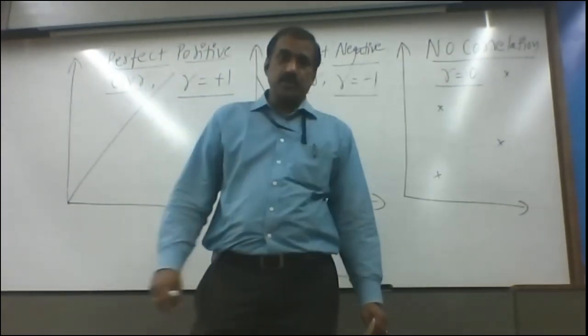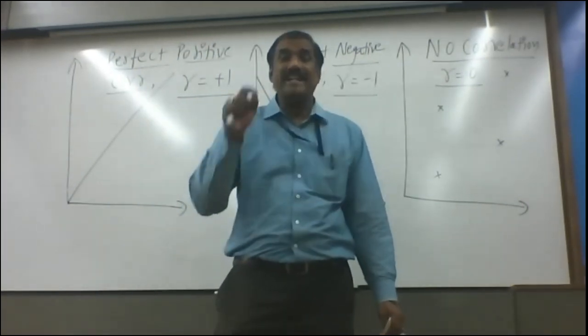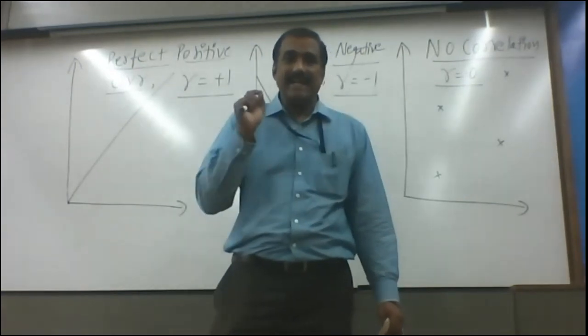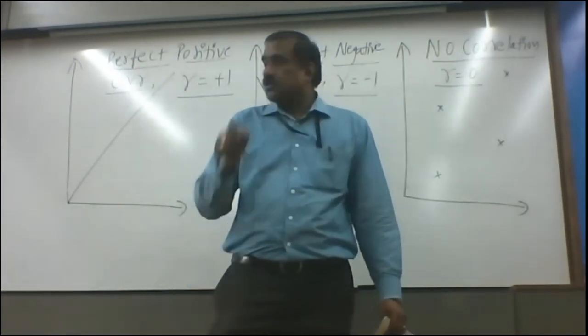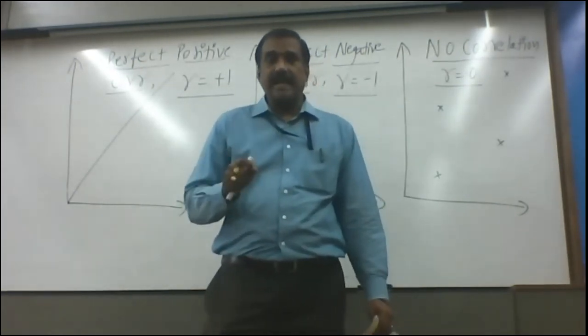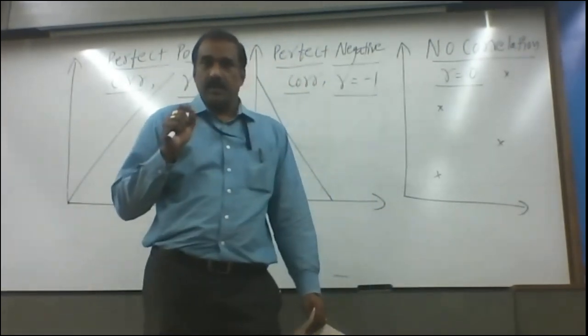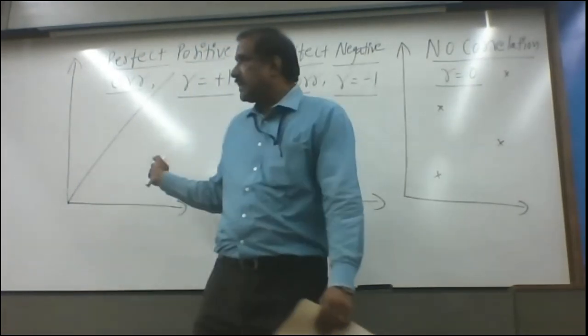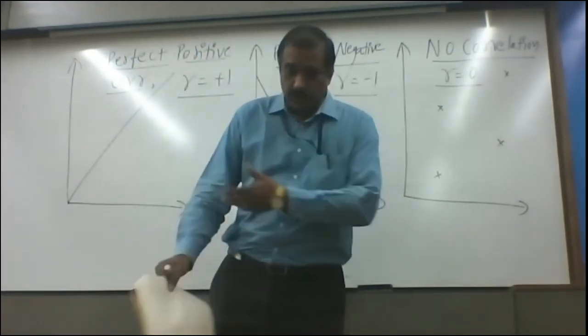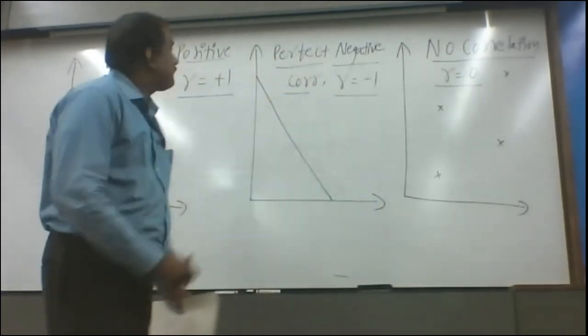Depending upon the values, we interpret the result in the data analysis by seeing the value of R. Understood? Please go through this. I will continue in the next lecture.